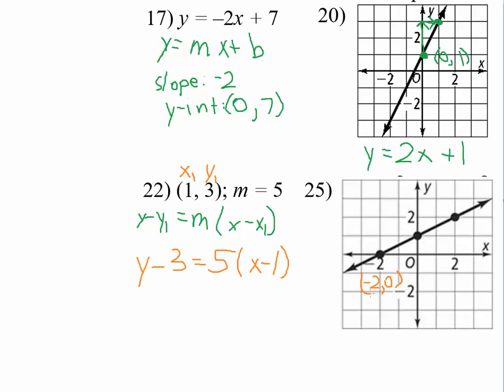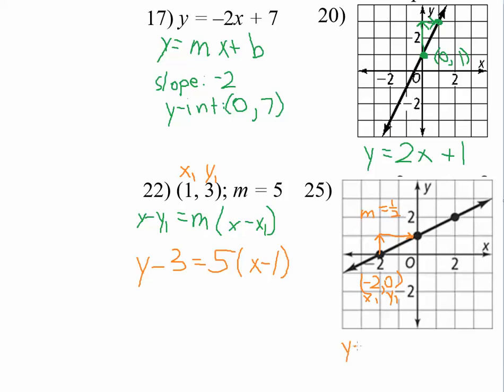That is going to be my x1, y1. I also need to find out my slope. My rise is 1. My run is 2. So that gives me a slope, an m, of 1 over 2, which does not simplify. So my slope is 1/2.